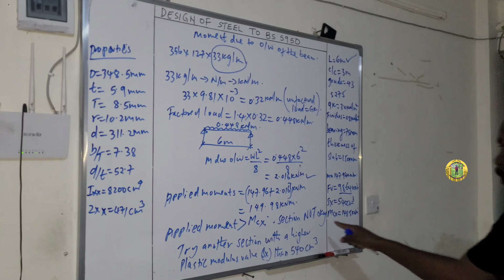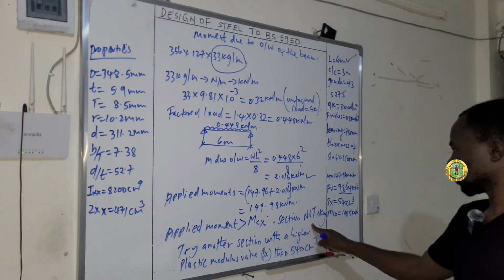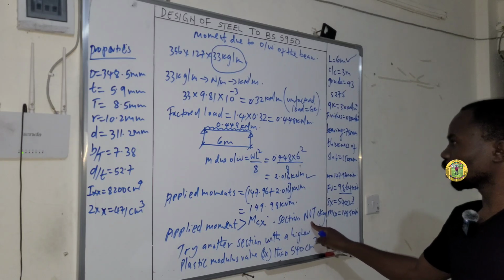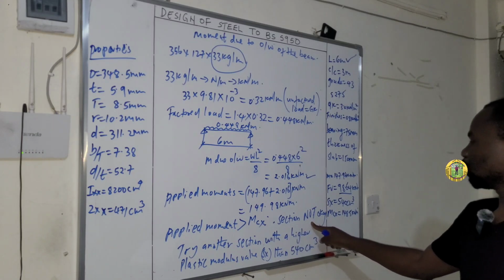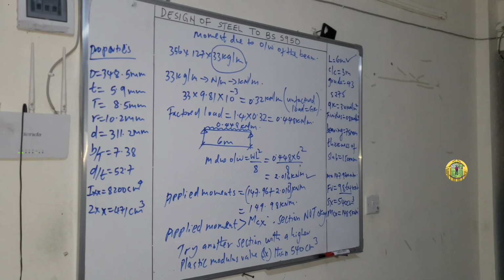So if you find this section fails at this point, do not go back to the universal beam table and try another section, because it will waste much of your time. You will be doing the correct thing, but it will take much of your time.